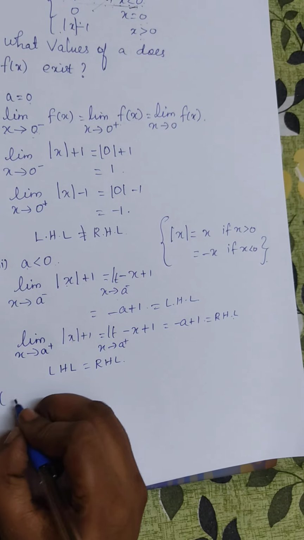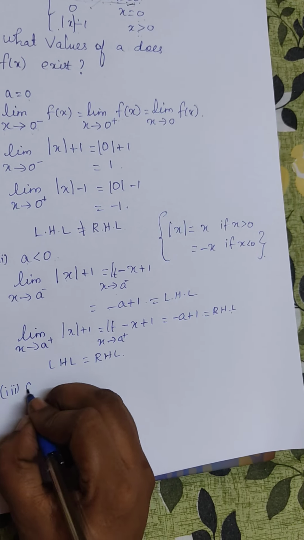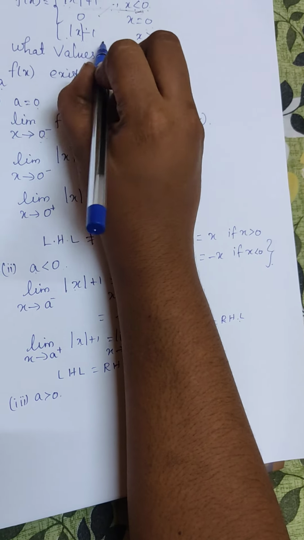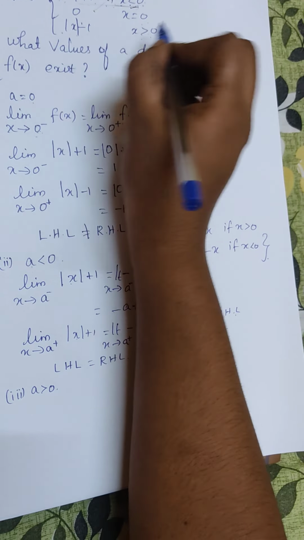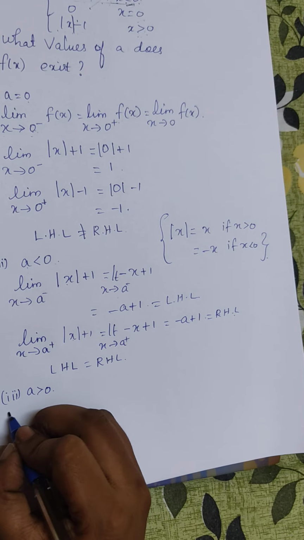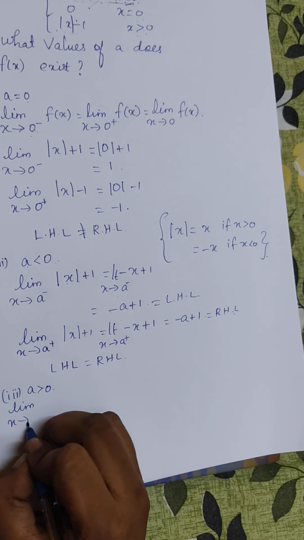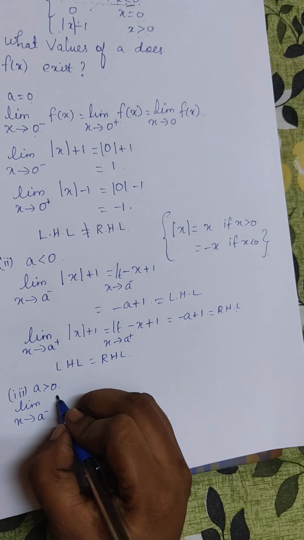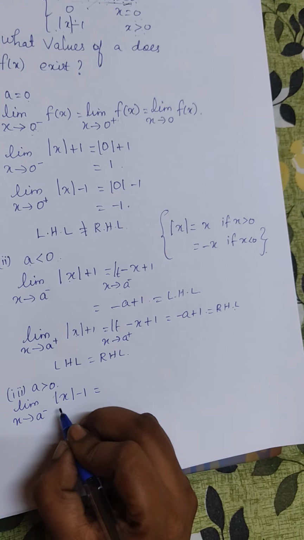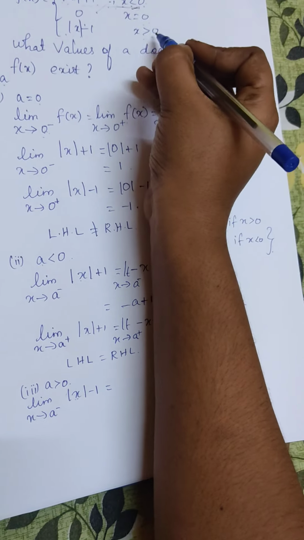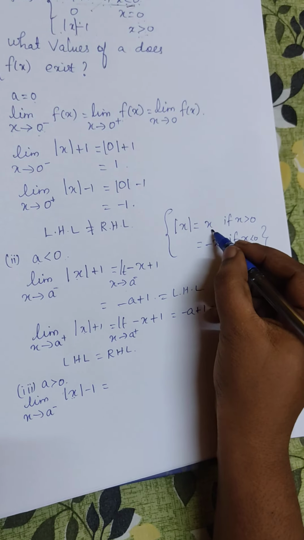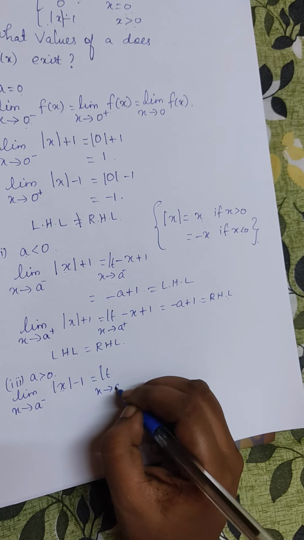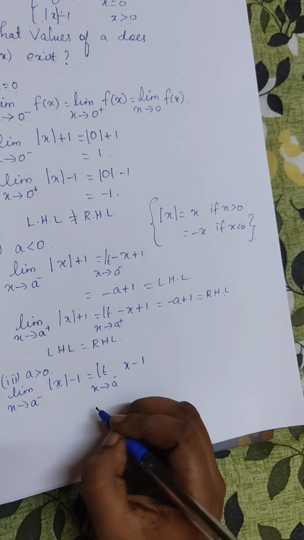So we'll consider a positive. A positive means this function mod of x minus 1. So again apply limit x tends to a minus, from the left-hand neighborhood, the function is mod x minus 1. Since these values are positive, according to the definition of mod, we can take it as x minus 1.